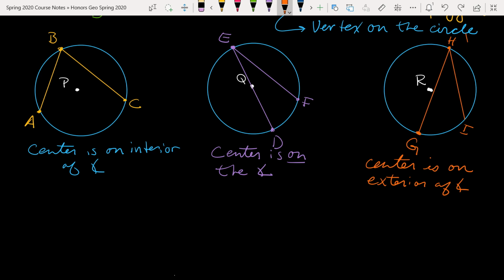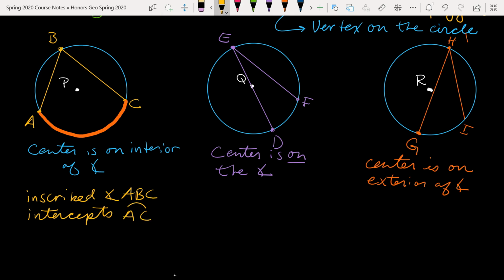We can notice in each of these cases that each inscribed angle intercepts a particular arc in the circle. So inscribed angle ABC intercepts arc AC. But we have two more objects that we can actually use to intercept the same arc.